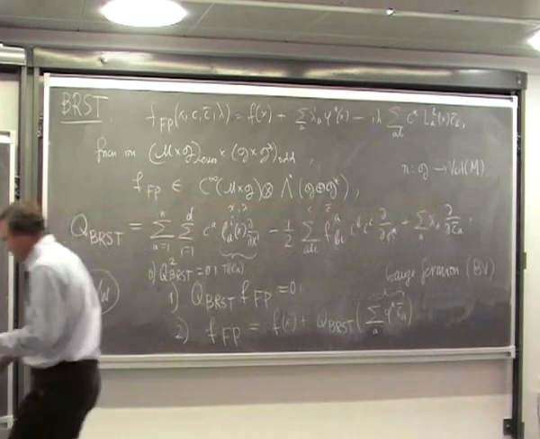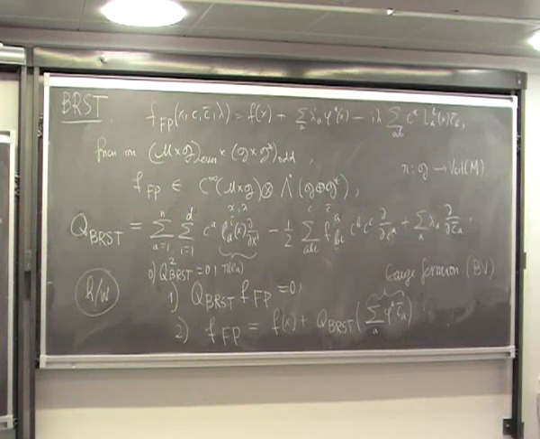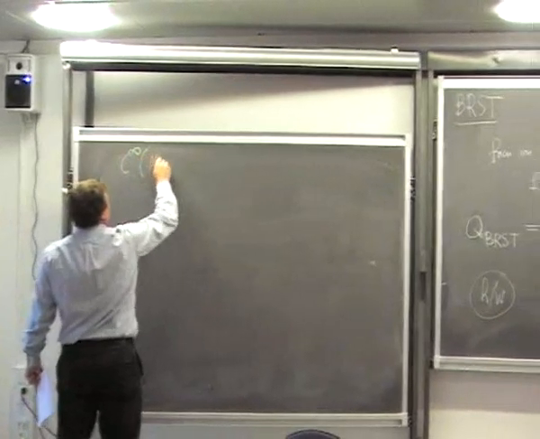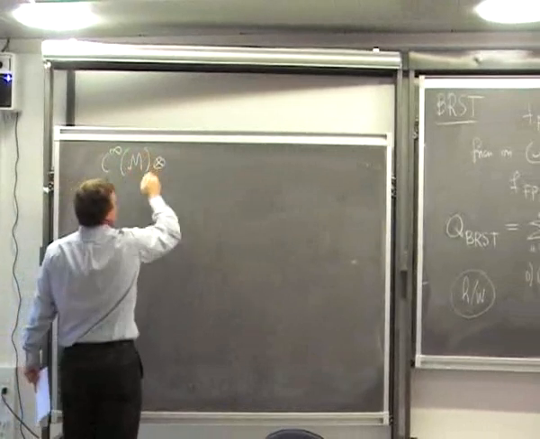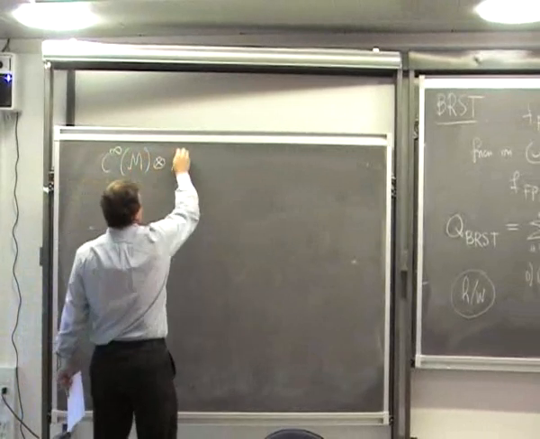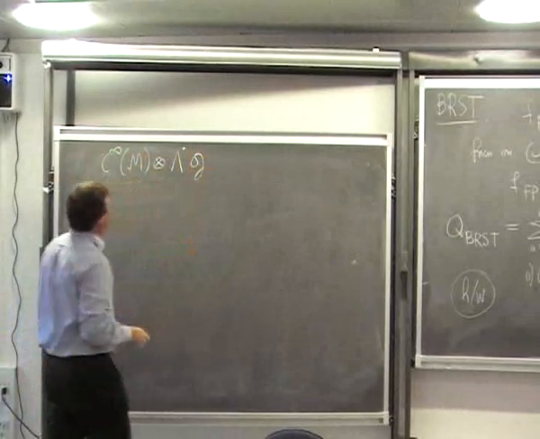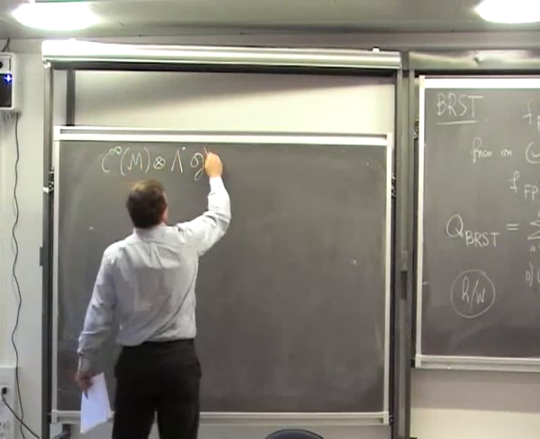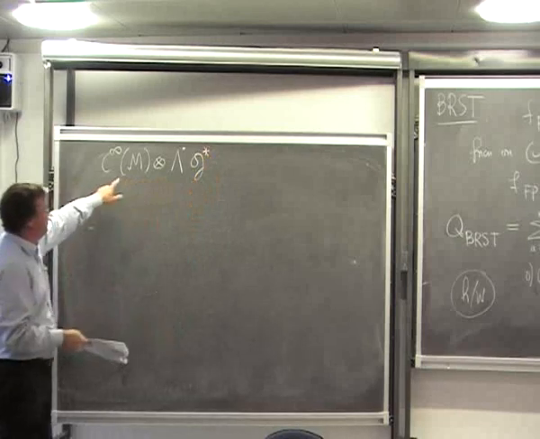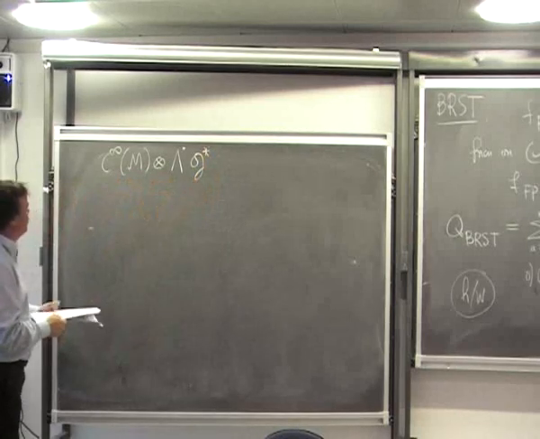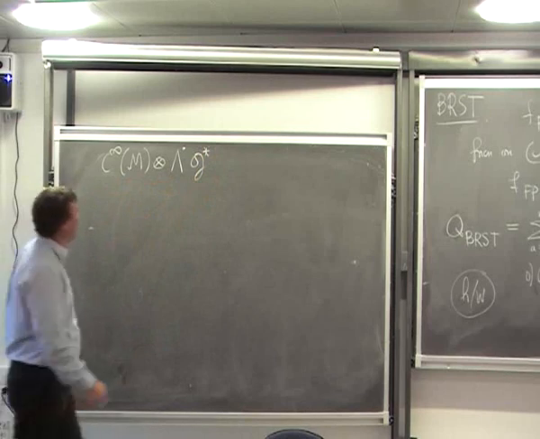So we have an interesting setting. And if you look at this construction for some time, you will start to recognize well-known algebraic features. So first, let's look at the situation when we have functions on M tensor the exterior powers of G star.